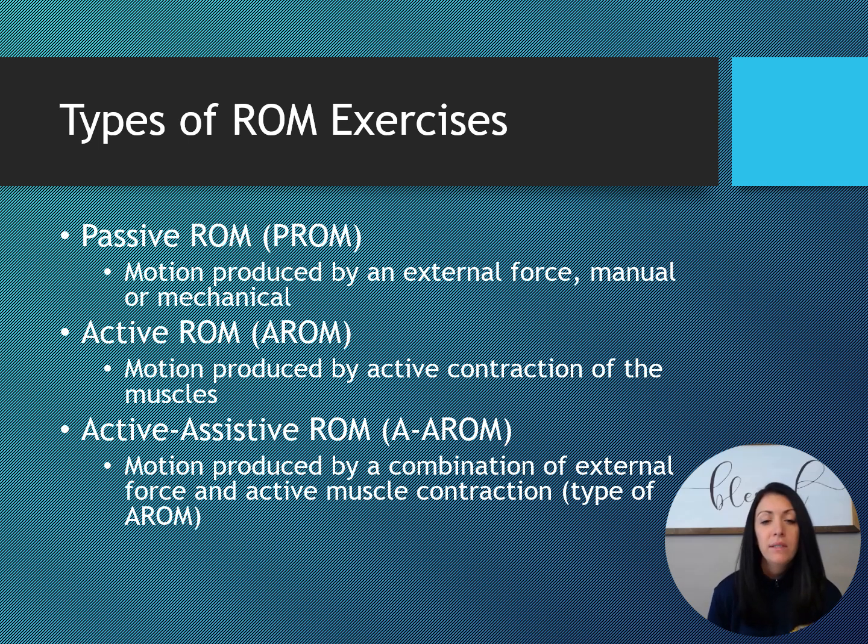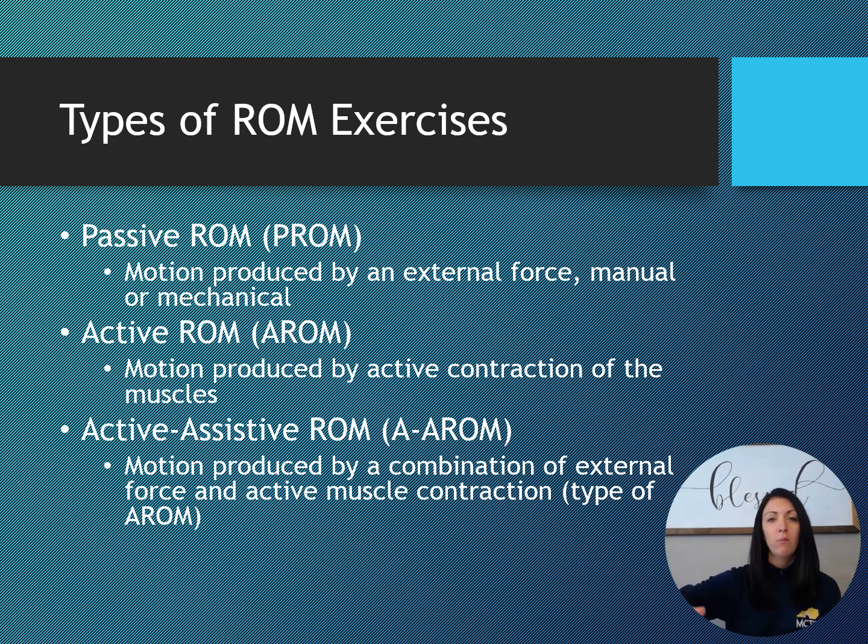So active assisted range of motion, by definition, is a type of active range of motion in which assistance is provided manually or mechanically by an outside force because the prime mover muscles need assistance to complete the motion. Your patient can progress to doing exercises where something assists the range of motion, like let's say a table slide, right?